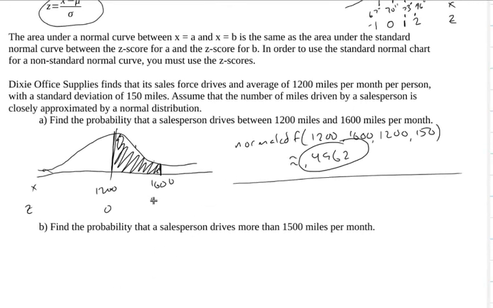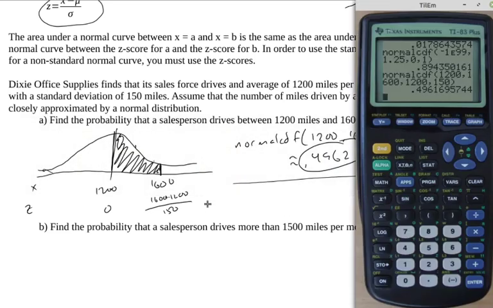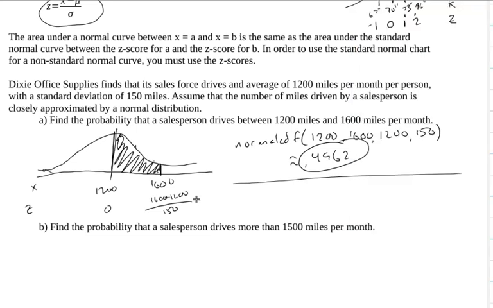So this would be 1,600 minus 1,200 over 150. 400 divided by 150 gives 2.66 repeating, so 2.67. I'm going to round that to the hundredths place because that's where we can find the values in our chart.